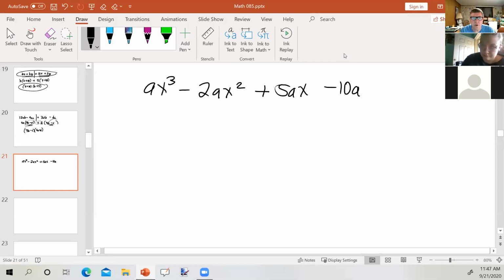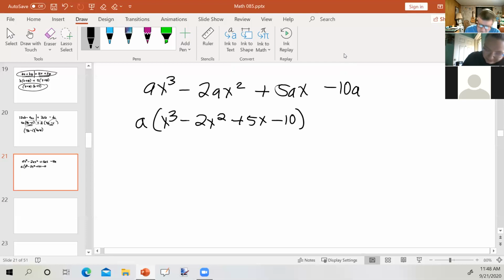So there's 4 terms, but be careful because in this problem there actually is a greatest common factor for all 4 terms, and that is a. So we'll take a out and we get x cubed minus 2x squared plus 5x minus 10.